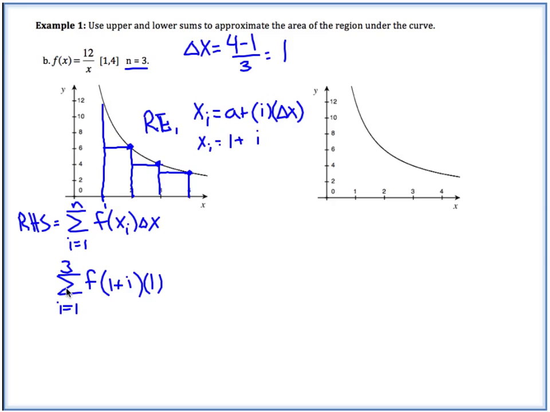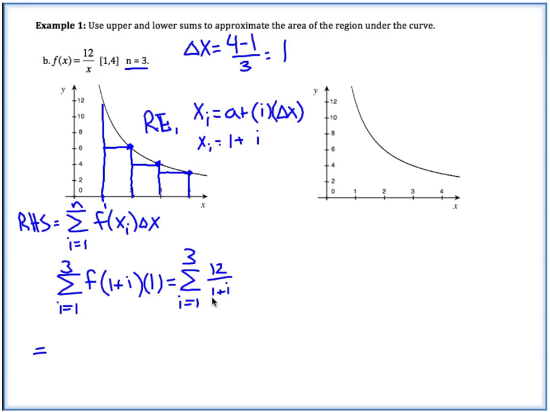All right, and we can make this even a little more clear by substituting 1 plus i into our function f. So our function is 12 over x, so this is really going to be 12 over 1 plus i. And then the times 1 didn't matter, so this is the sum that we need to find.